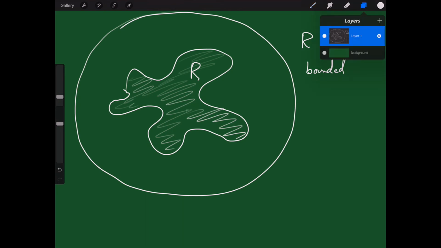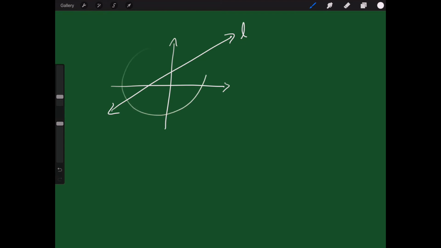Now, what's something that would not be bounded? How about in the XY plane, what if I just drew a line? Is that line L bounded? Well, draw any circle you want to. It doesn't matter how big the circle is. Did I get all of the line inside of that disk?